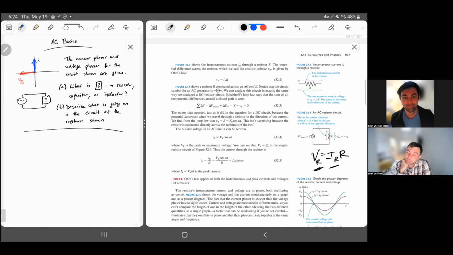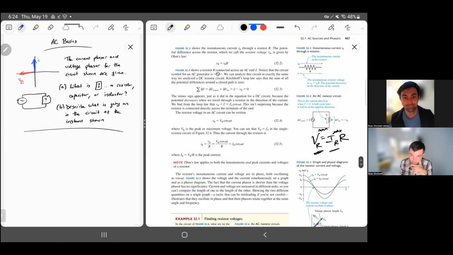And so when this is a max, this is a max. When the voltage is zero, the current is instantaneously zero at that instant. When the voltage is in the other direction and maximal, then the current is in the other direction and maximal. They're just going with each other, in the same direction. By the same direction, I mean when one is at a maximum value, the other is at a maximum value, and they're in phase is the point here.